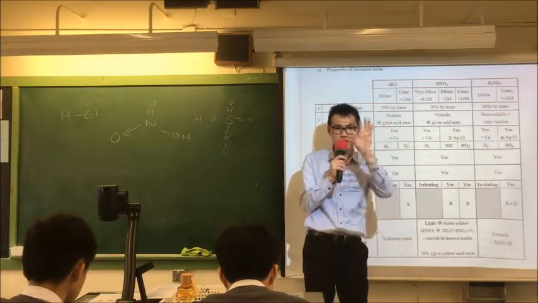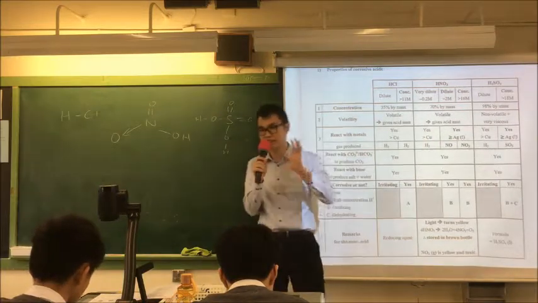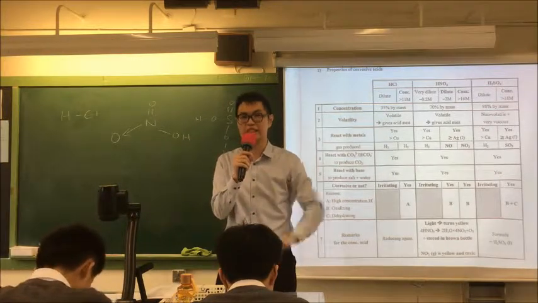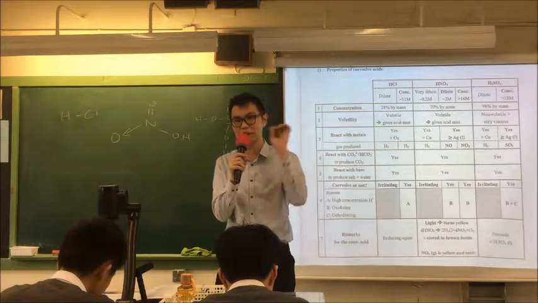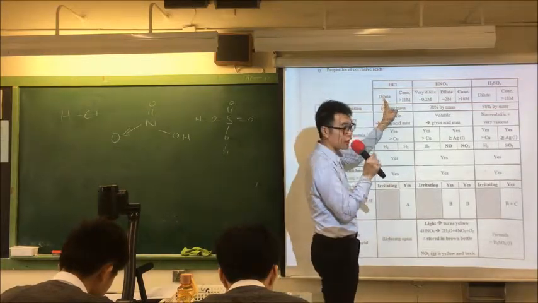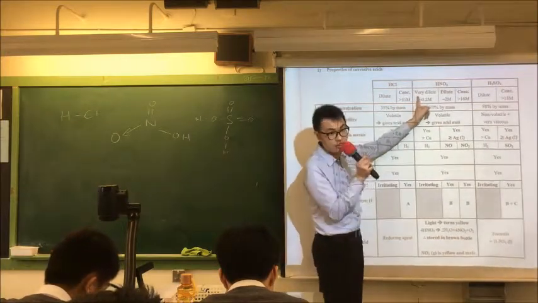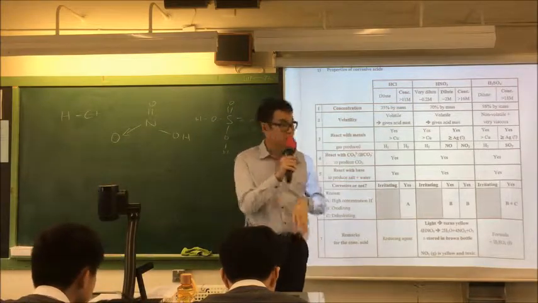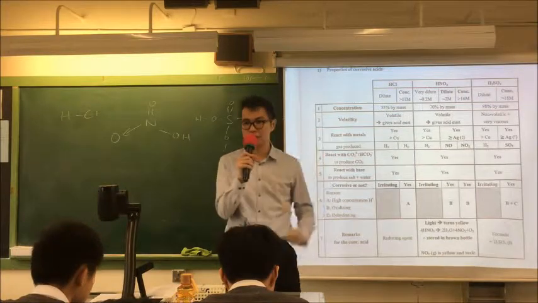When we talk about reactivity, dilute acid and concentrated acid have very different reactivity. The acids we mentioned in chapter 11 and chapter 14, for the reactions, are dilute HCl, dilute H2SO4, and very dilute HNO3. Can copper react with dilute H2SO4?